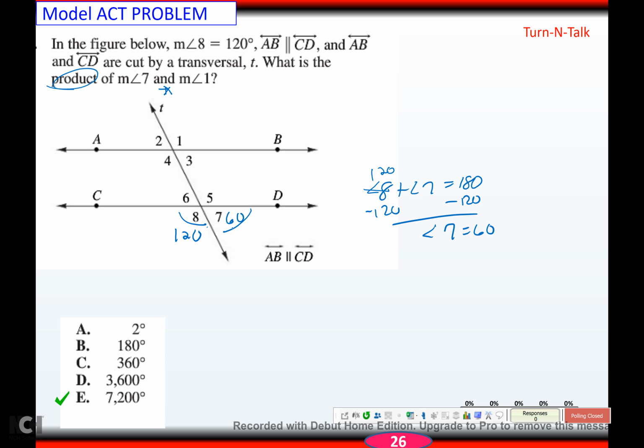Now I need angle 1. Well, if this is 120, then this is 120, which corresponds to 1, which is 120, not 1200. So angle 1 is 120 degrees. So the product would be 60 times 120, which is 7200 degrees.